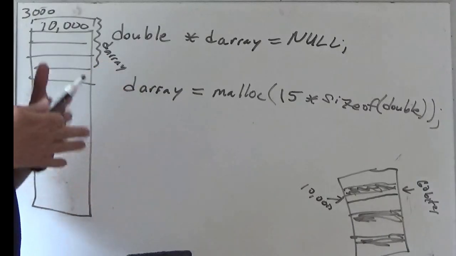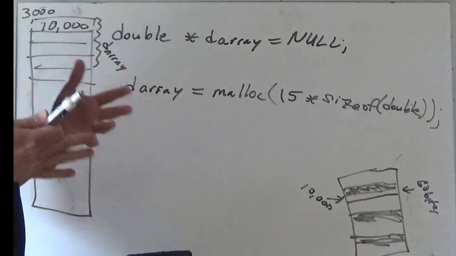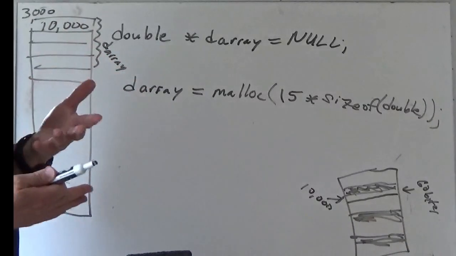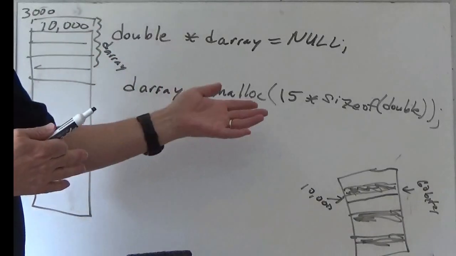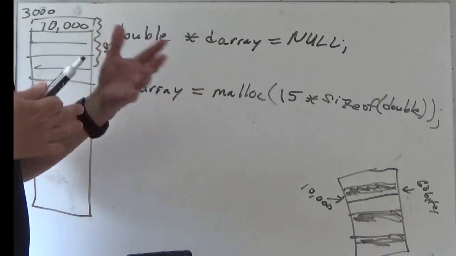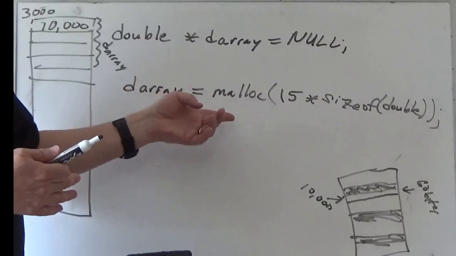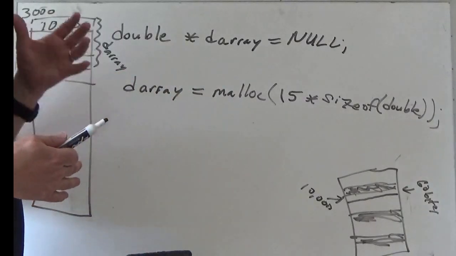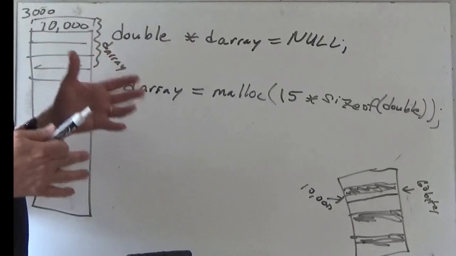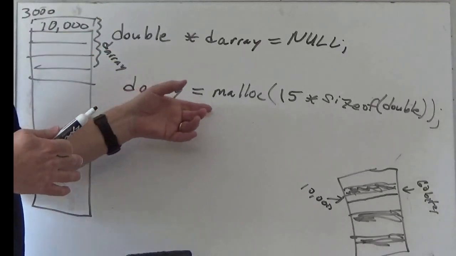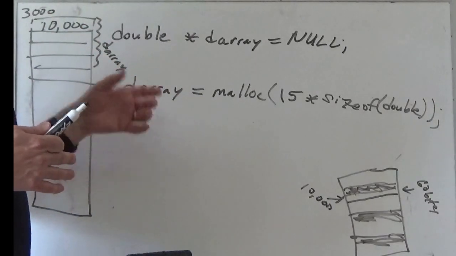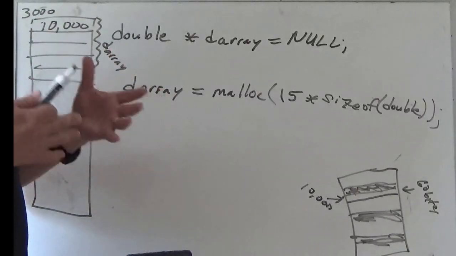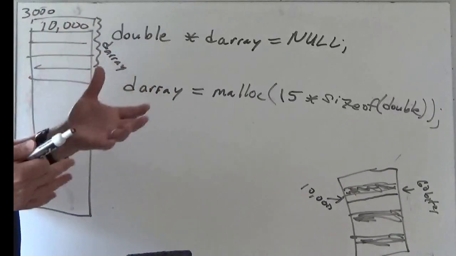If the operating system can't find that location of 60 contiguous bytes, it has to return something to say it couldn't find anything. The return value in that case would be null. So after every single call to malloc, you need to check the return value to ensure that you actually have something instead of a null pointer.